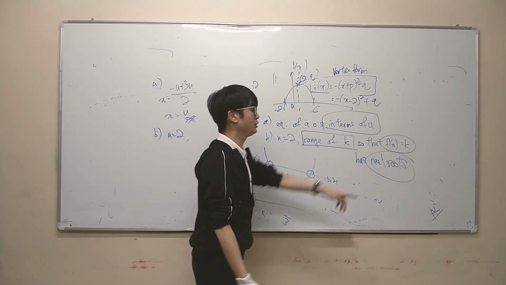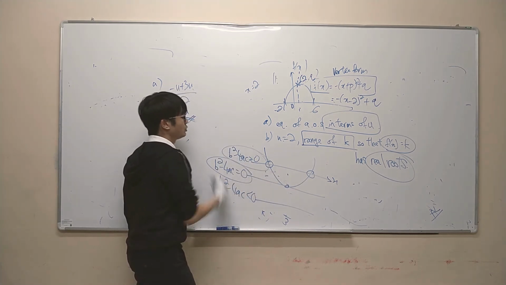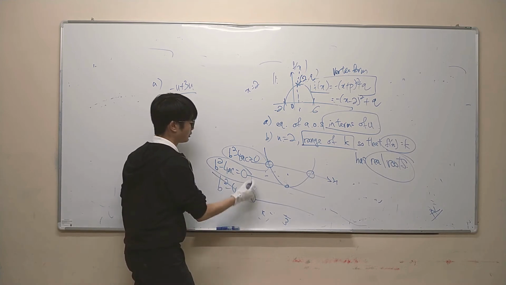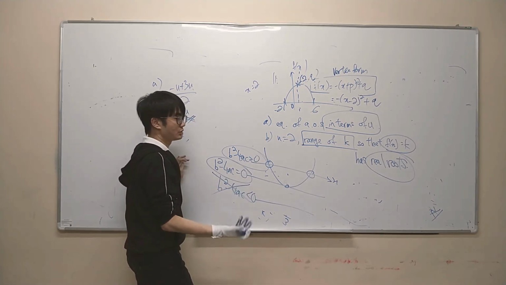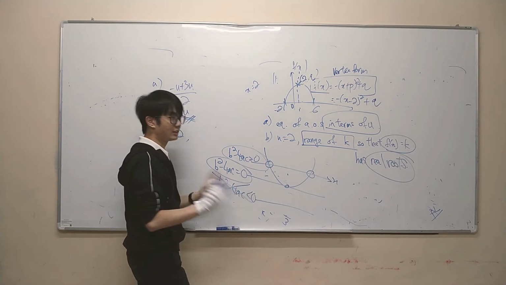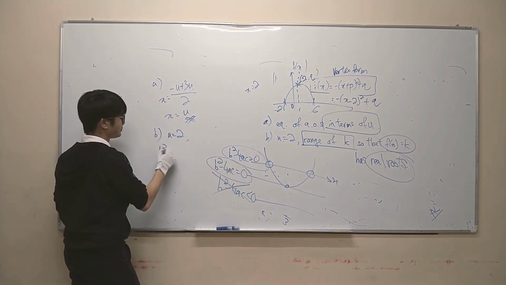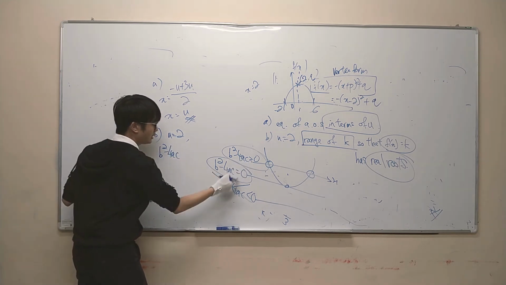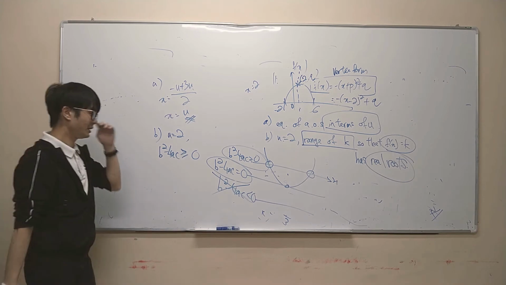Apa maksudnya has real roots? It means two equal roots and two different roots. It means dia ada roots. Satu pun kira. It means that b squared minus 4ac bigger equals 0. So you underline it at the bottom. Okay? That's what it means.